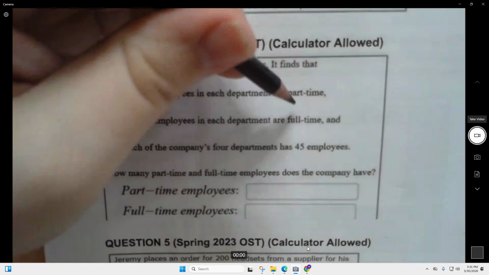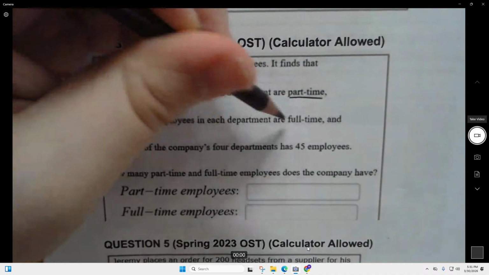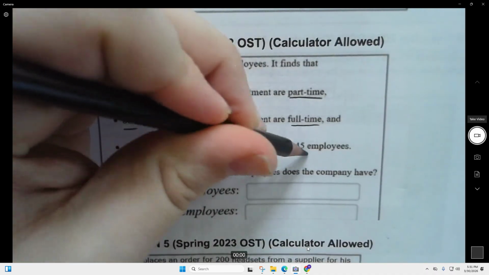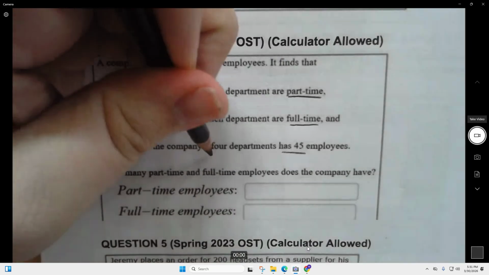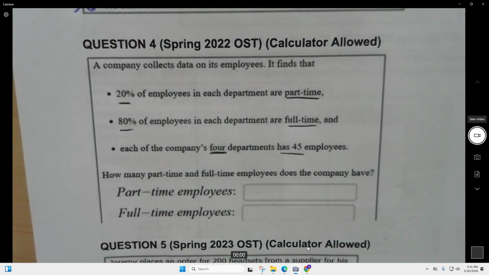20% of the employees are part-time, 80% are full-time, and there were 45 employees, okay? That's what I did. I found out what 20% of 45 was. Then I found out what 80% of 45 was, and I wrote it down. The problem is that there were 4 departments.